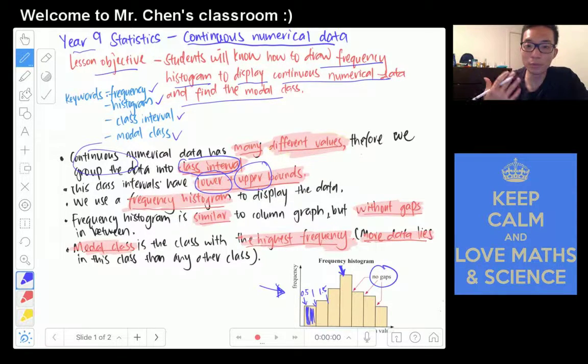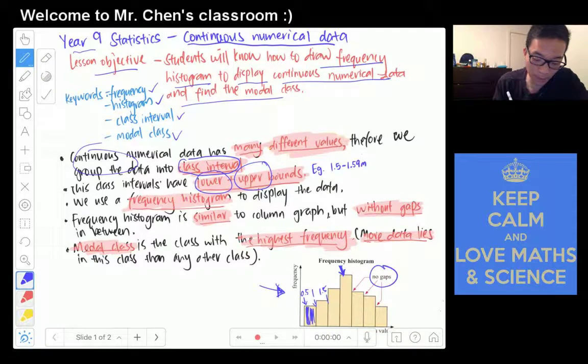So with class intervals, you will group all students from 1.5 meters to 1.59 meters as one class interval.